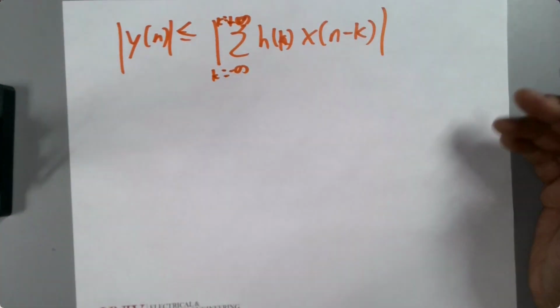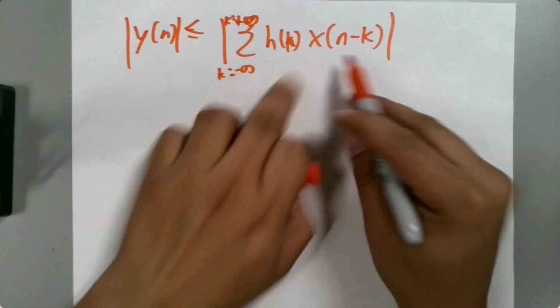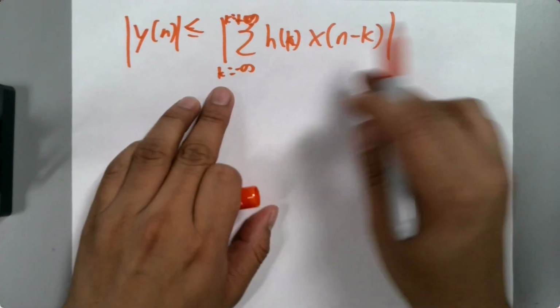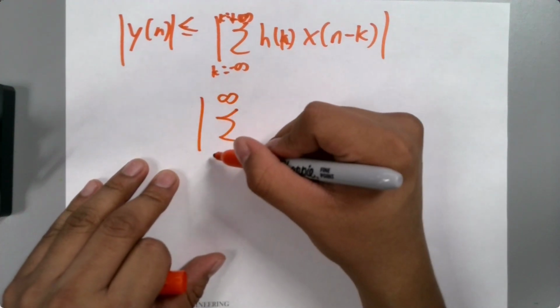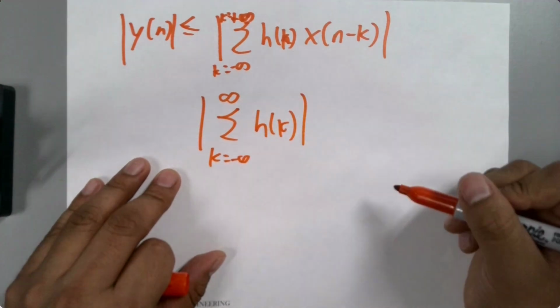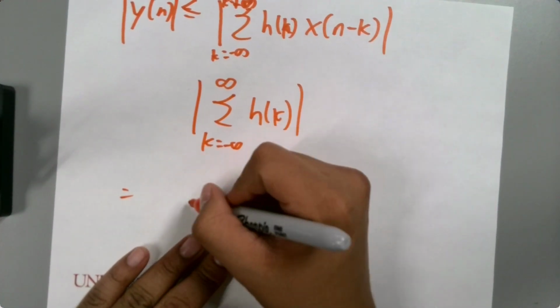We use this Schwarz inequality, but he also calls it the other thing, because what he's trying to do is, if we have a bounded input, we don't have to worry about the input. We can just worry about this summation of the output. So how do we determine if this system that we just built is stable? Well, just do this. Let me see.